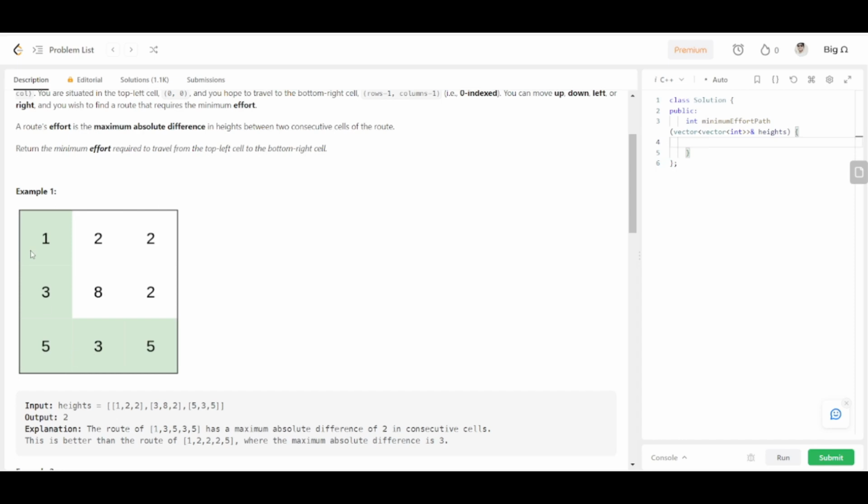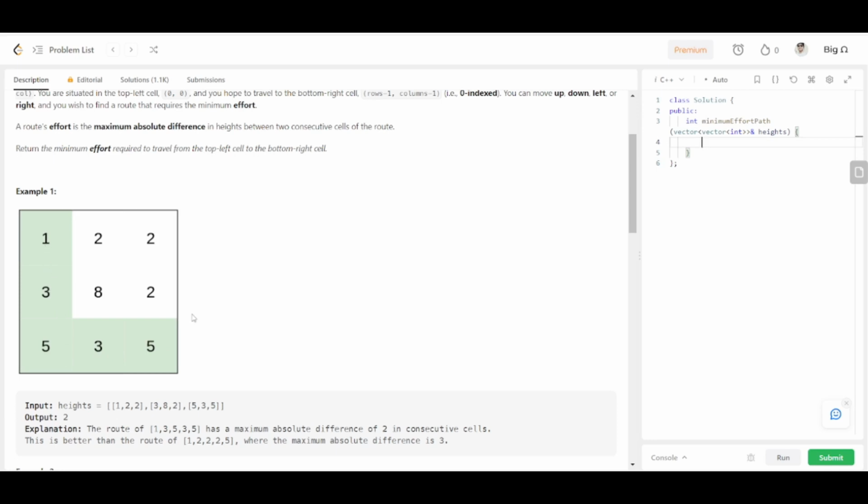We can see that the effort will be the maximum of the absolute height difference between any two consecutive cells of the given path. So here you can see that the maximum absolute difference is 2, because 3 minus 1 is 2, 5 minus 3 is 2. Now all of the adjacent cells have a difference of 2.